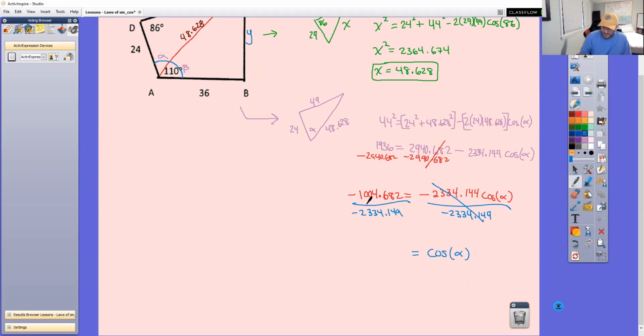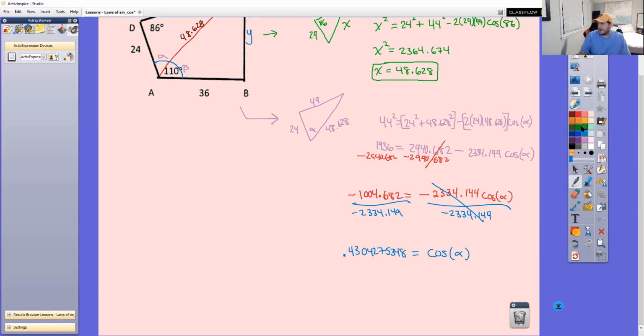So divide by negative 2334.149. So I'm getting 0.4304275348. But again, this is going to be off by a little bit because I was rounding off as I went.